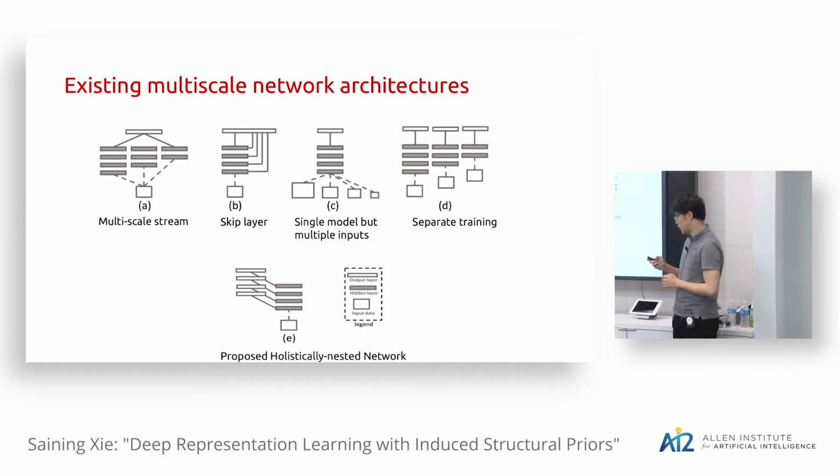Because we are doing this, it is still one single model, and it's still just one single scale input, but you can get multiple scale outputs in just one pass. You can think of this as an optimized version of the extreme case network architecture D, where you shrink and combine those different models into just one single model. Instead of training them independently, you handle them with multiple backpropagation paths.